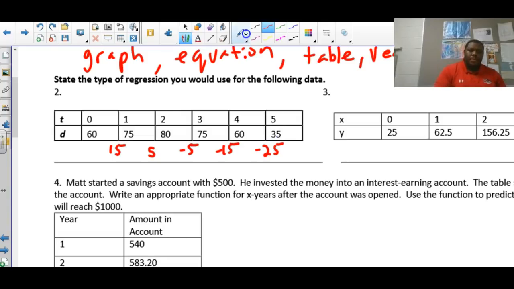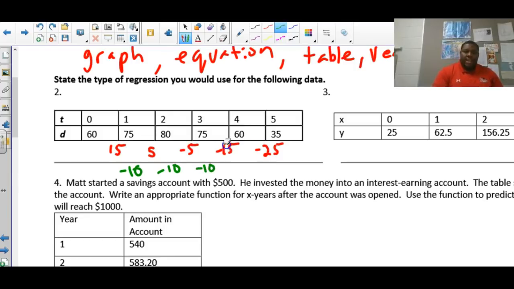Now we take it a step further. What's the difference between 5 minus 15? Negative 10. What's the difference between negative 5 minus 5? Negative 10. Negative 15 minus negative 5 becomes plus 5, so negative 15 plus 5 is negative 10.